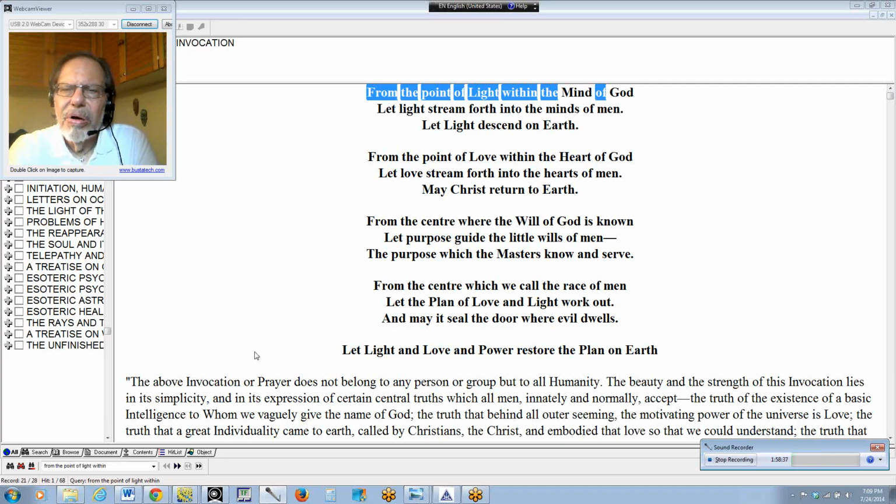From the center which we call the race of men, let the plan of love and light work out, and may it seal the door where evil dwells. Let light and love and power restore the plan on earth.